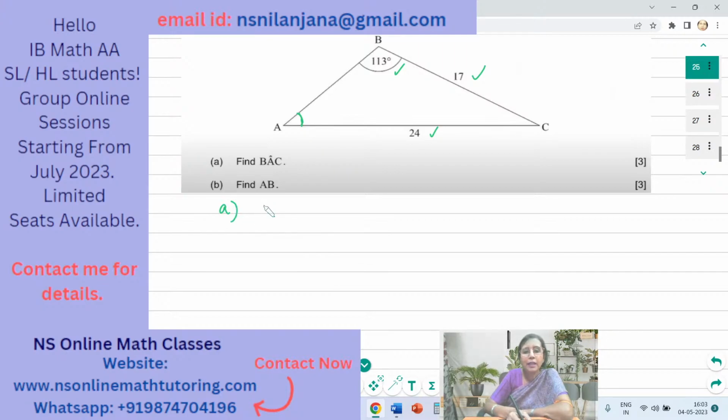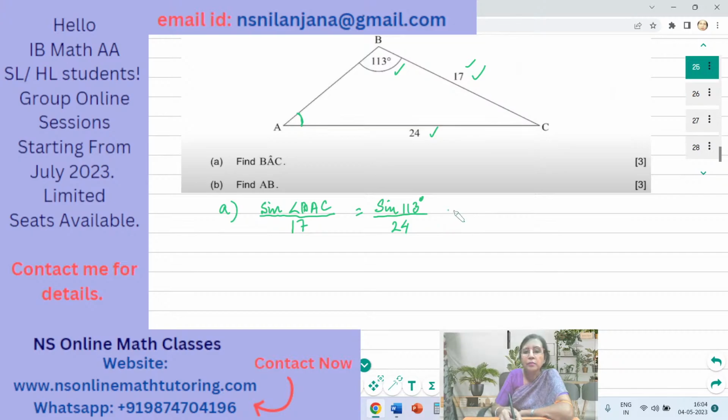And it will be sine angle BAC over 17, which is the opposite side length, is equal to sine angle ABC, which is 113 degrees, over 24.